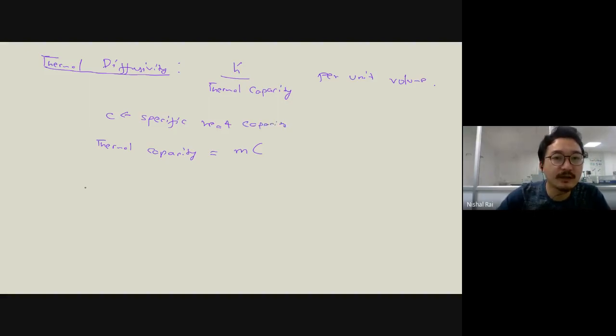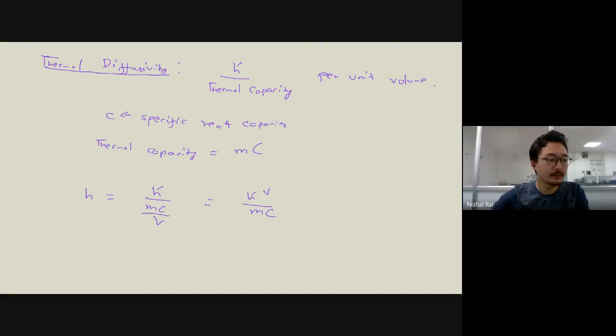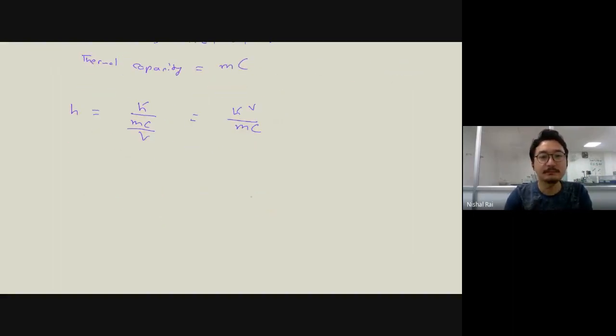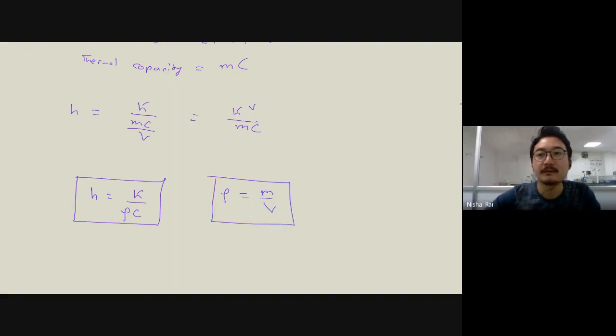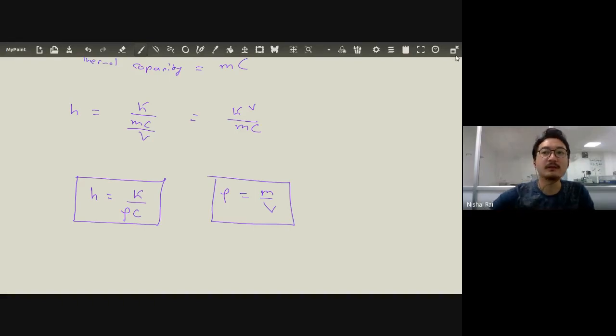So basically, the thermal diffusivity H is given by K by m C per unit volume, which is basically K V by m into C. Clear? Or H can also be written as K by rho C, where rho is the density, mass per unit volume. So this is your thermal diffusivity.